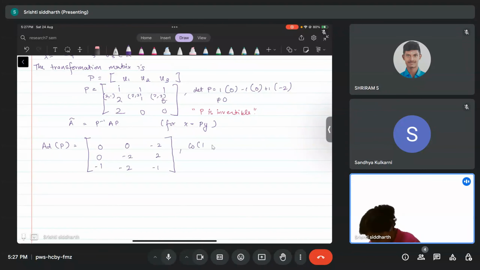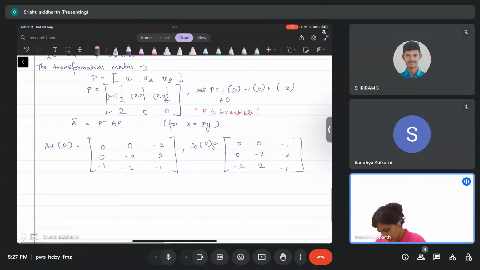Alright, so then what's the cofactor matrix? We just need to compute the transpose, right? So it's 0, 0, -2. Then we have 0, -2, 1, 2. Then we have -1, -2, and -1. So you can check this too.